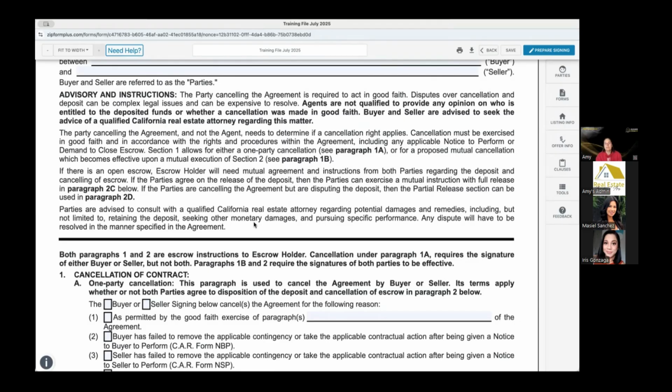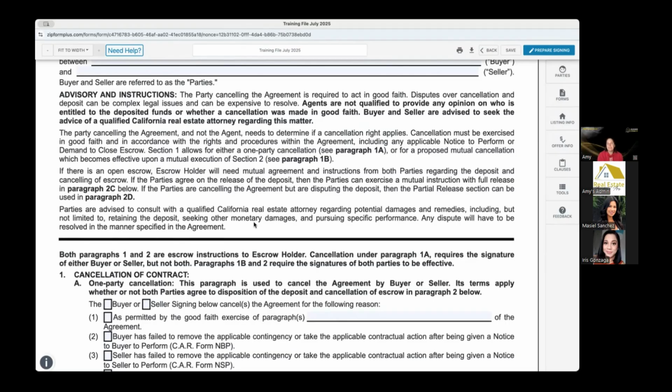Section 1 allows for either party cancellation or for a proposed mutual cancellation, which becomes effective upon mutual execution. Section 2: if there is an open escrow, escrow holder will need mutual agreement and instructions from both parties regarding the deposit and canceling of escrow. If the parties agree on the release of the deposit, then the parties can exercise mutual instructions with full release in paragraph 2C below.